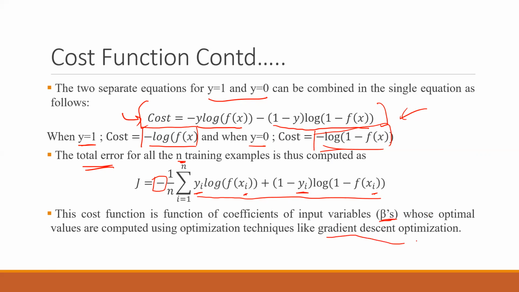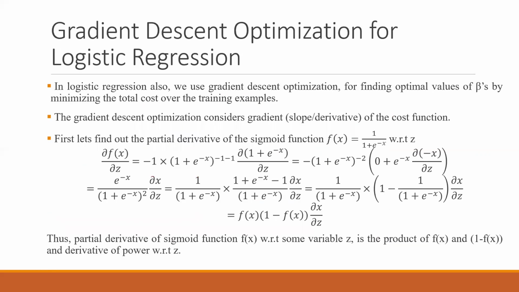We have already gone through how gradient descent optimization works, but let's see how it works for our logistic regression function. In logistic regression, if we use gradient descent optimization, the equation will be in the same way. It will have multiple instances, but every time we will be using that z, right?